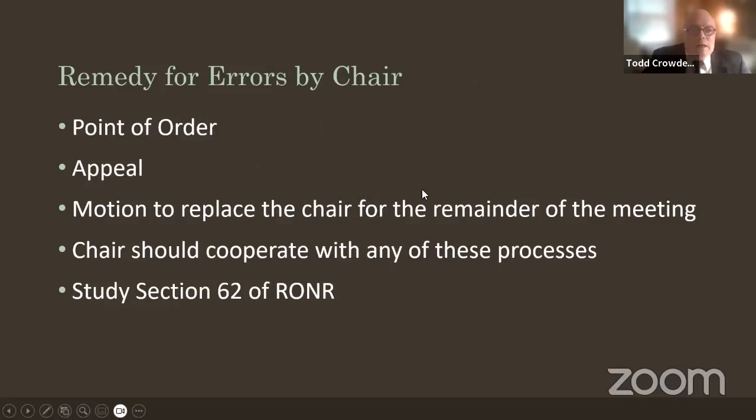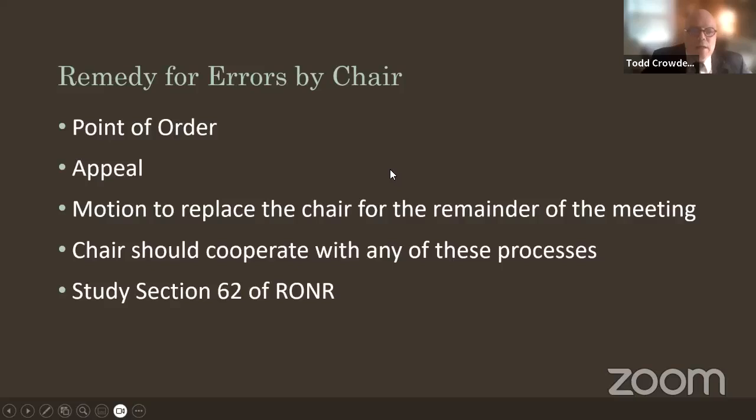Now, here is the list of remedies for if the chair is not doing what she should do. Point of order is where you start. Anytime you think the chair is not doing what they're supposed to do, you say point of order. And that is the way of telling the chair that you object to the procedure that has been used.